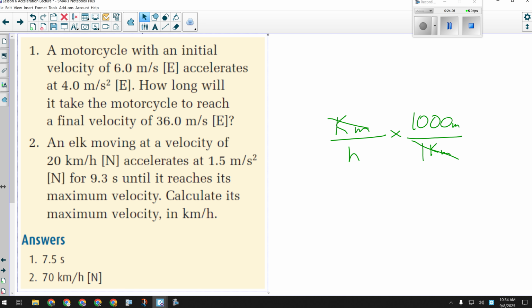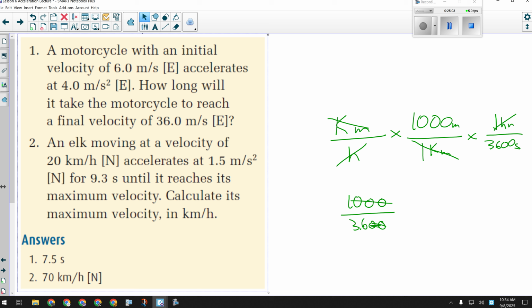If I want to convert hours to seconds, in 1 hour there are 3,600 seconds. So basically I'm taking whatever I had in kilometers per hour, multiplying it by 1,000, and then dividing by 3,600. Or, quick trick, 1,000 over 3,600 can be reduced to 1 over 3.6.